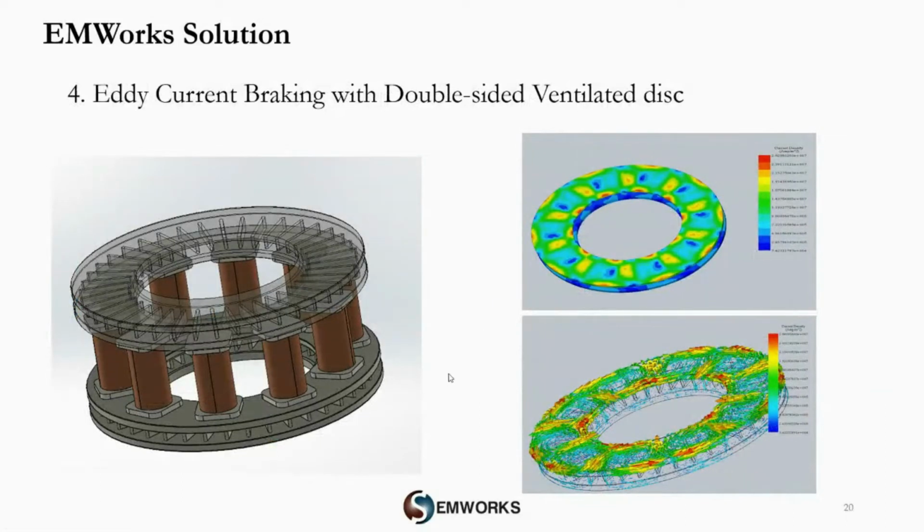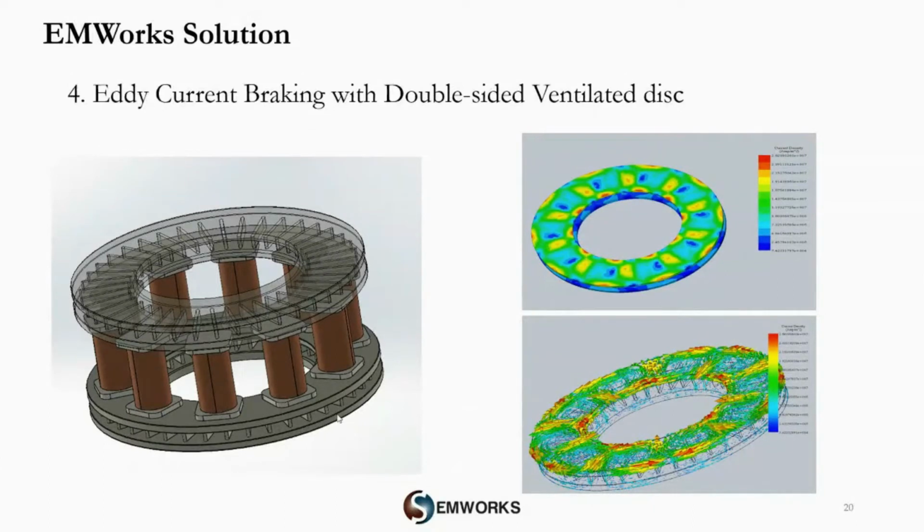Now let me show you another example of what we call a double-sided ventilated disc. As we said earlier, heat is one major challenge in the eddy current braking system. If you want more torque, whether by adding permanent magnets or using different materials, you can't escape the heat.